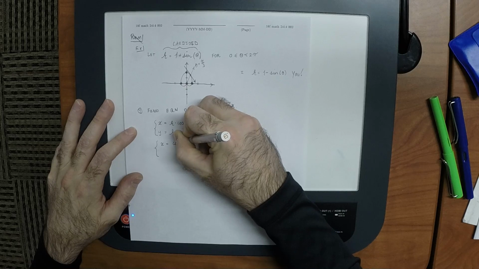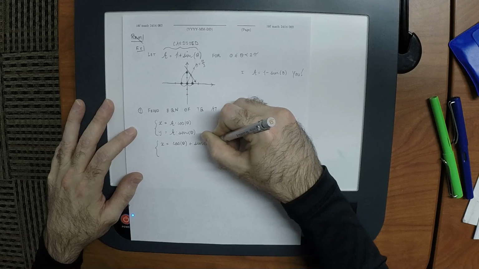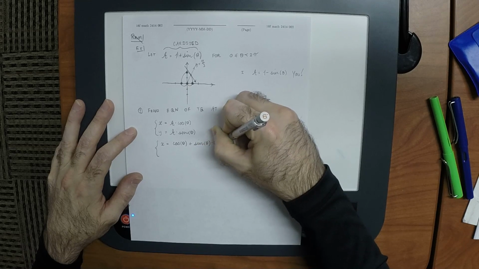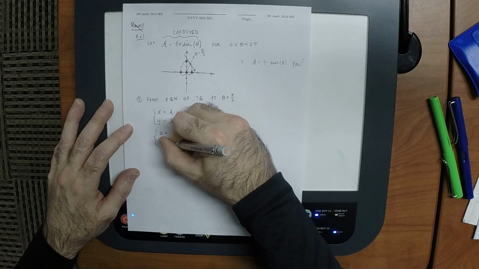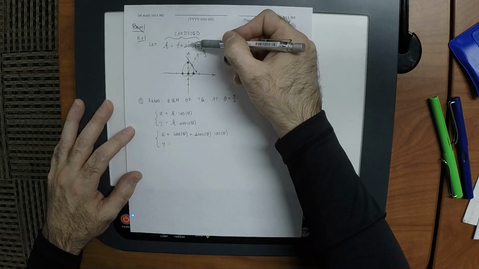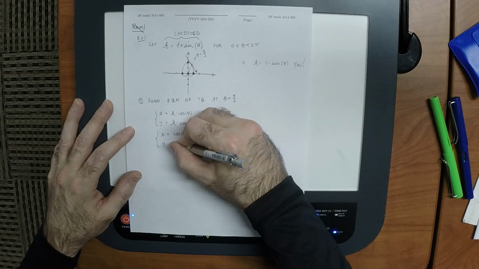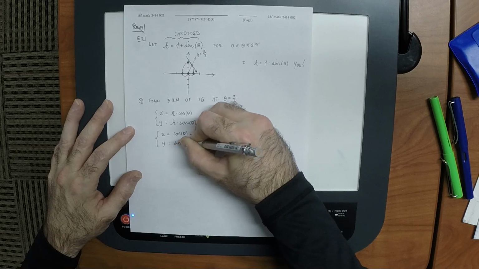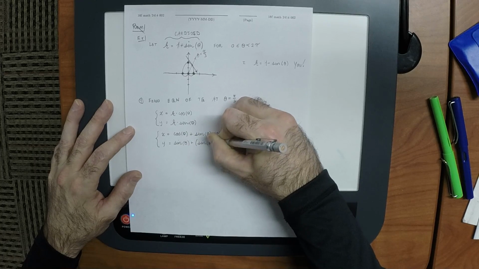Cosine theta plus sine theta cosine theta. Okay, and what would the formula for y become? So I'm substituting this r, 1 plus sine, into there. Very good. So sine theta plus sine of theta squared.